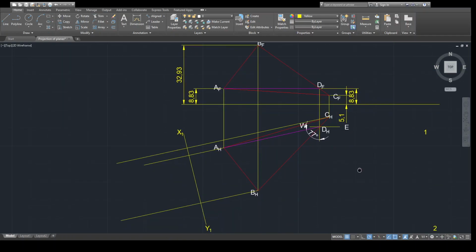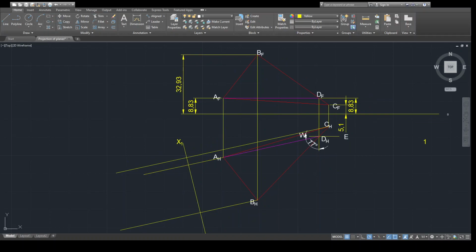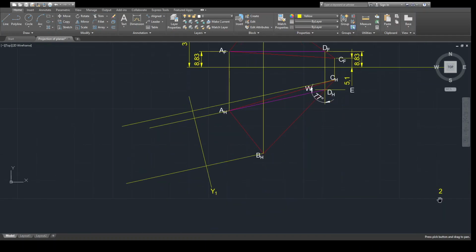In order to draw view number 3, we require the dimensions from view number 1. So this is view number 1, and this is our view number 2.